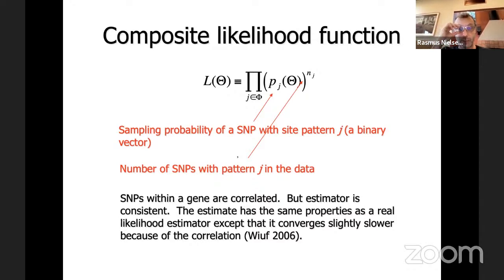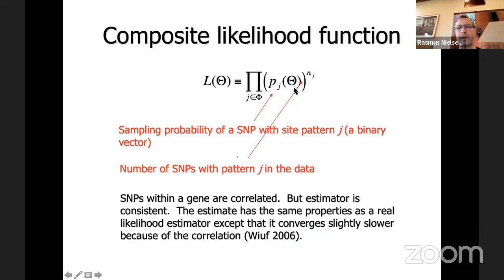For example, we can show specifically in this case in population genetics that estimators based on this will be consistent. That is, as you get an infinite amount of data, if you maximize this function for the parameters, the estimates of the parameters will converge to the true values of the parameters if the model is correct.